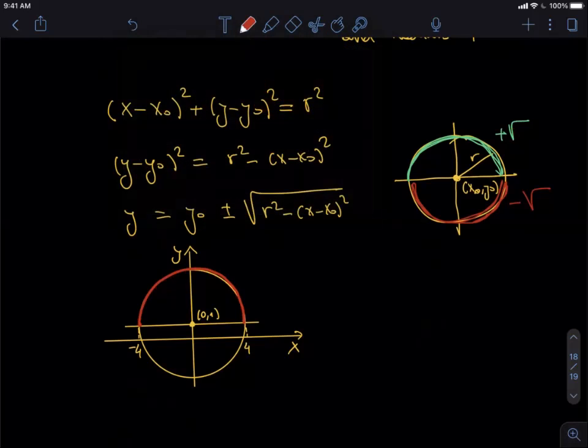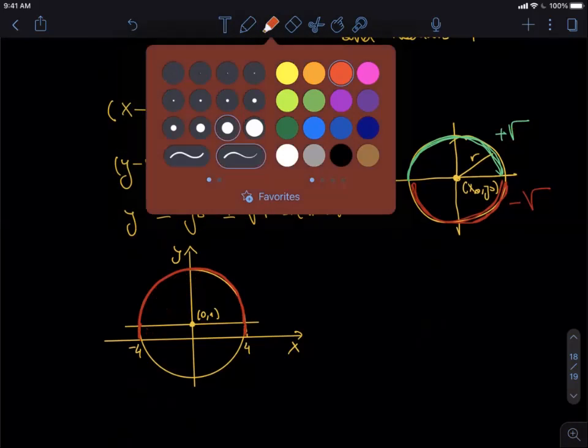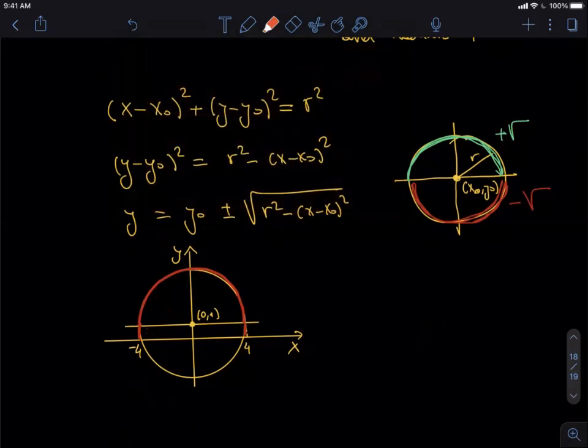So the area we want is this area over here. Notice that it has two parts.